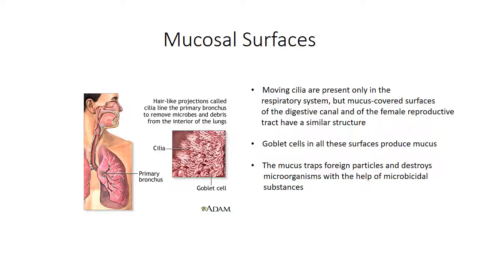You do not really appreciate the role of these cilia until, God forbid, you or your child becomes ill with pertussis, whooping cough. The bacterium that causes pertussis paralyzes the cilia.